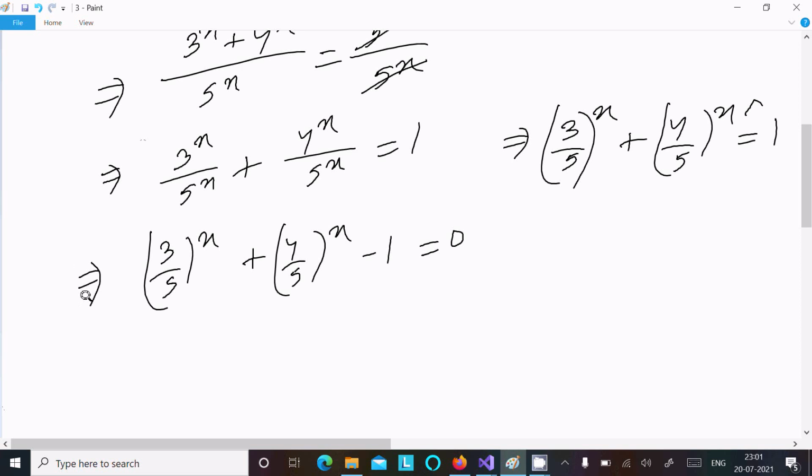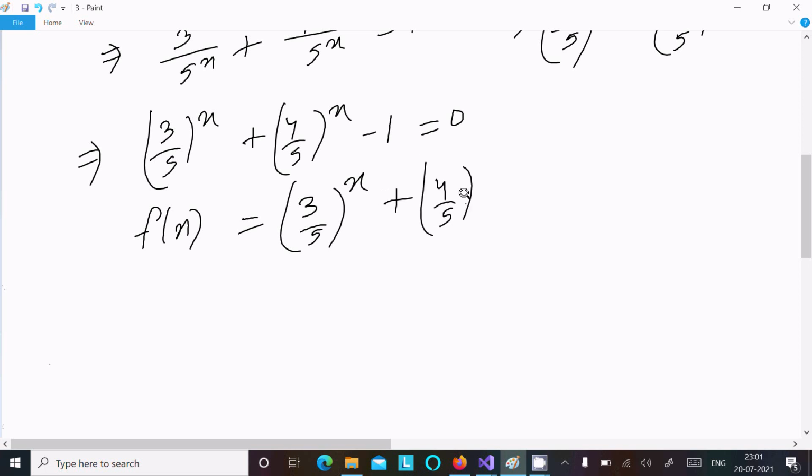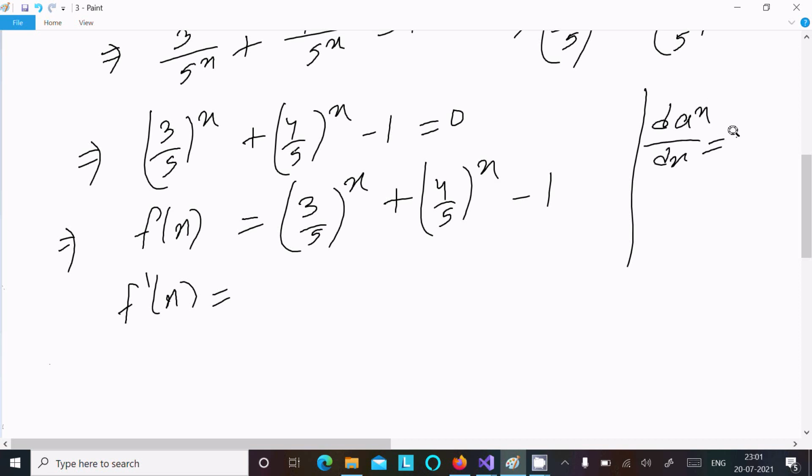Now thereafter let's write the function f(x) equal to (3 by 5) power x plus (4 by 5) power x minus 1. So let's do the differentiation. So f dash x equal to, writing on the side, differentiation of a power x dx is a power x log a.